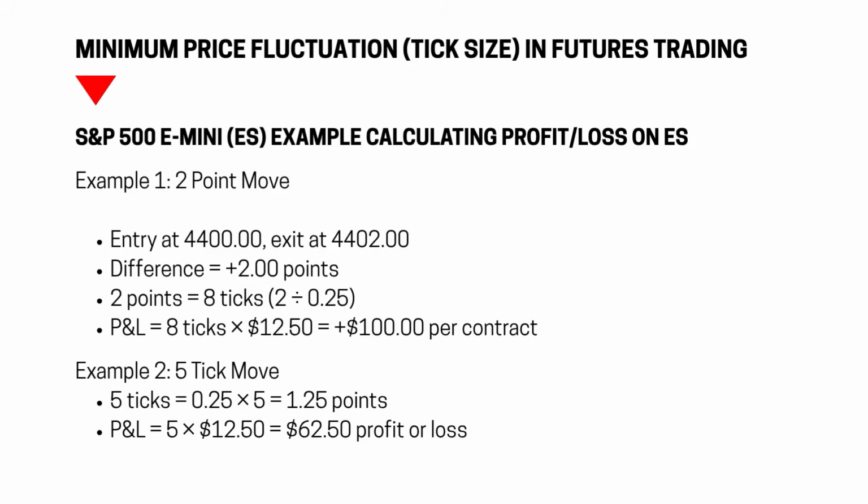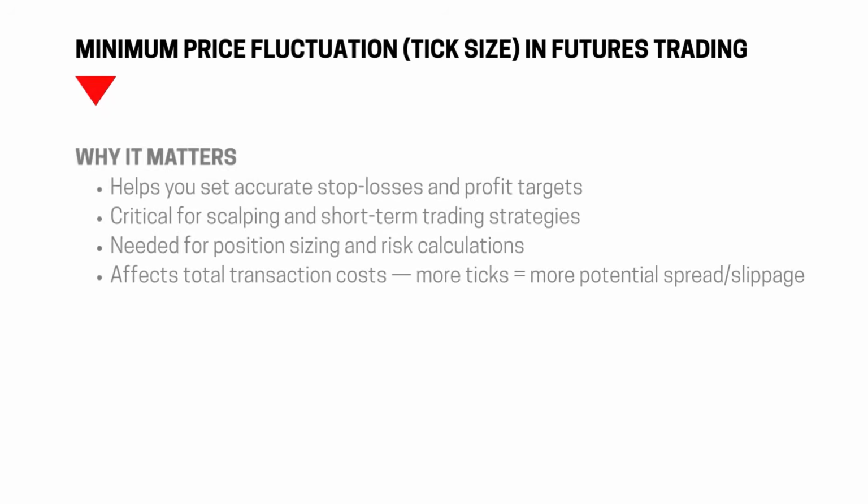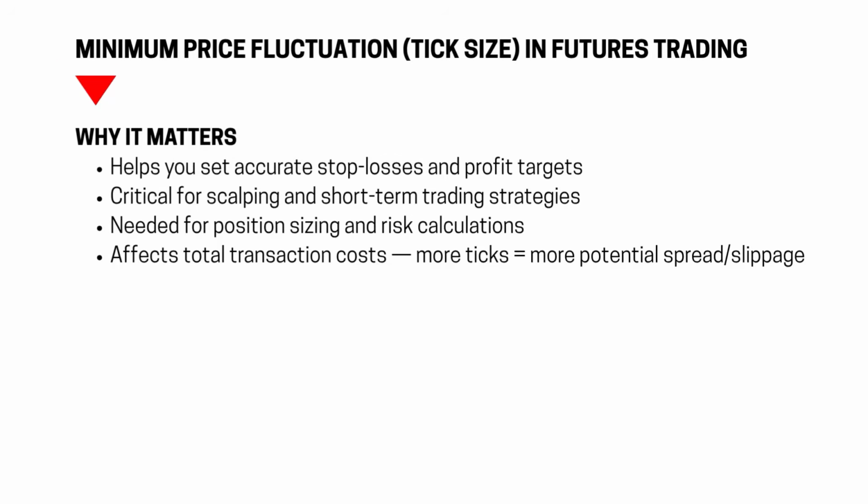And then a 5 tick move, same process, 0.25 times 5 equals 1.25 points. We know that P&L equals 5 times 12.5 equals $62.50, either profit or loss. This might sound like a trivial part of the learning curve of futures, but it does matter because it's going to help you set accurate stop losses and profit targets, critical for scalping and short-term trading strategies, needed for position sizing and risk calculations, and it affects total transaction costs.